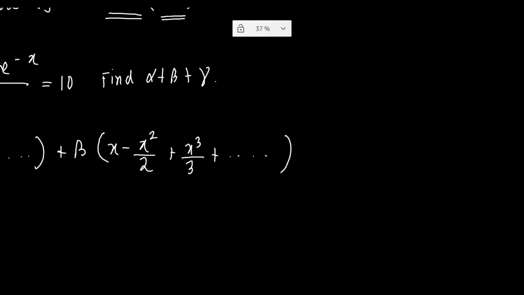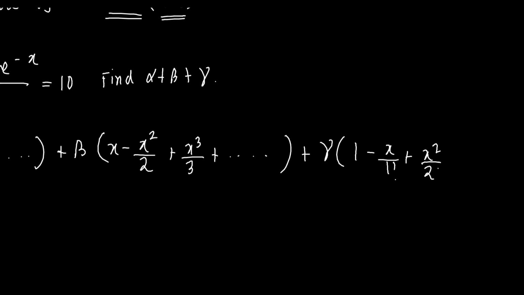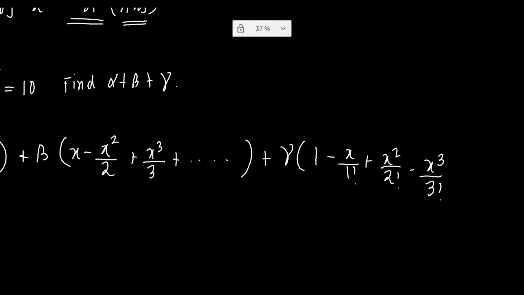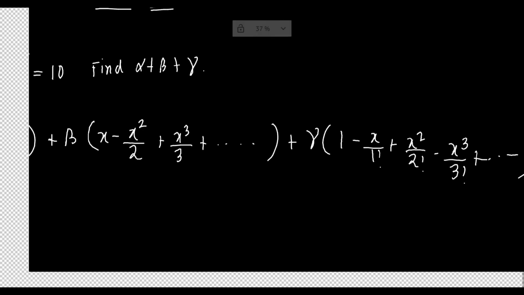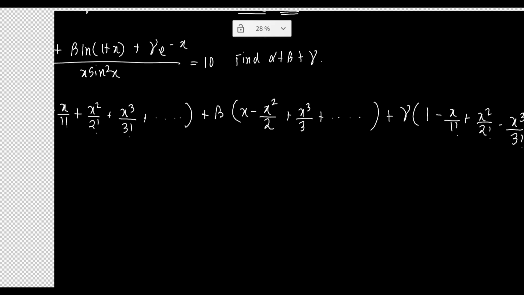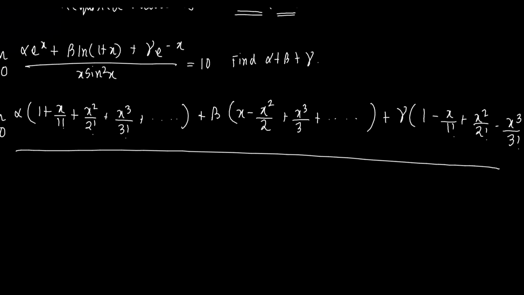And the next is gamma. It is 1 minus x by 1 factorial plus x squared by 2 factorial minus x cubed by 3 factorial, up to infinity. And in the denominator it will be x into the expansion of sin x. It is x minus x cubed by 3 factorial plus x to the power 5 by 5 factorial, plus up to infinity.